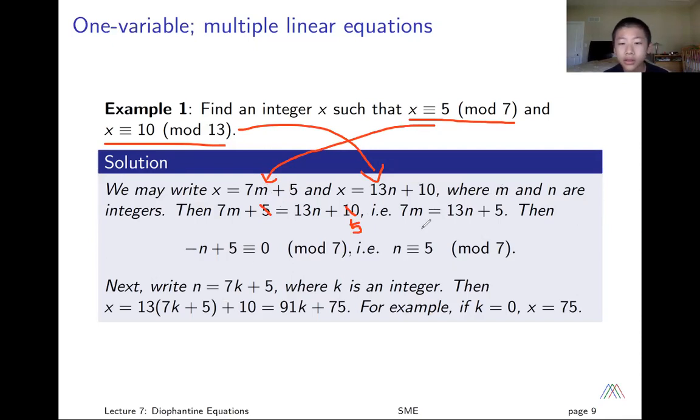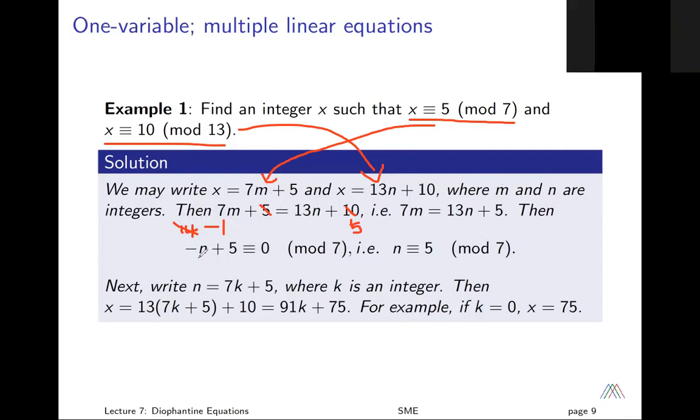Then 13n plus 5 is equivalent to 0 mod 7. But 13 is equal to 14 minus 1, and 14 is a multiple of 7, so we can just remove that. So then we'll have negative 1n plus 5 is equivalent to 0 mod 7.